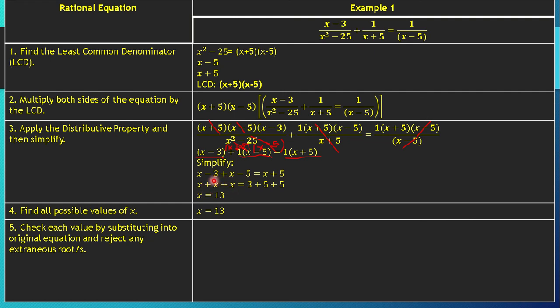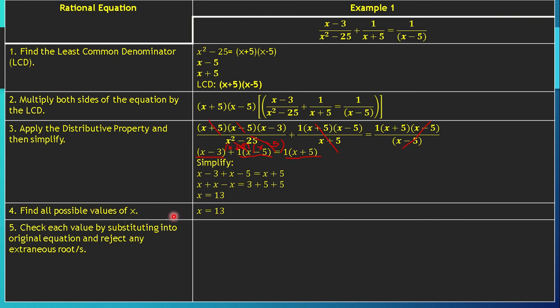Ito namang negative 3 na nandito sa left side, lipat natin dun sa right side, kaya meron tayong positive 3 dyan. Itong negative 5 na nandito sa left side, lilipat sa right side, kaya magiging positive 5. So, x plus x minus x is equal to 3 plus 5 plus 5. So, simplifying further, we have x is equal to 13.